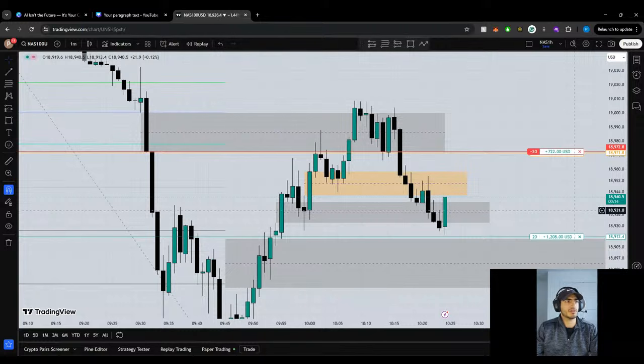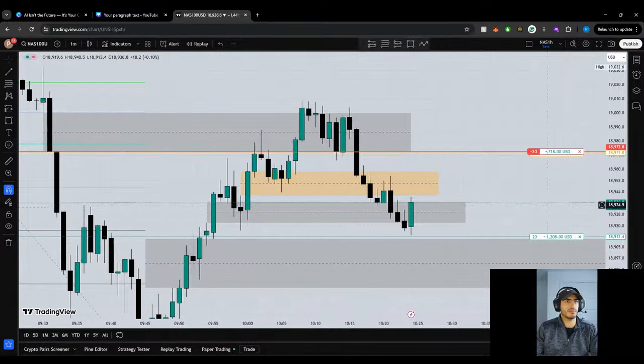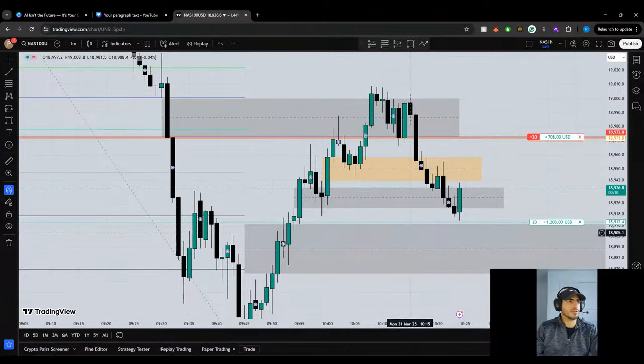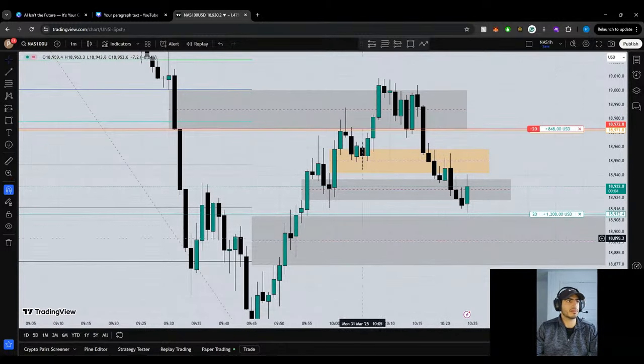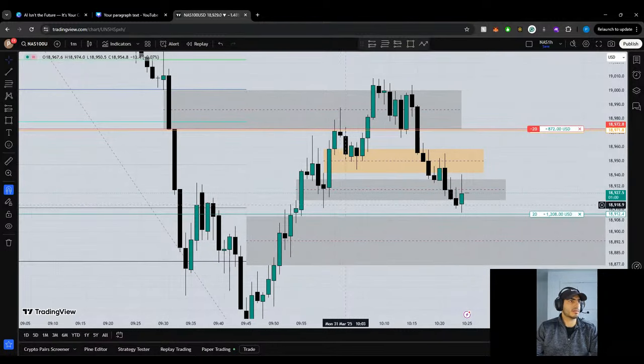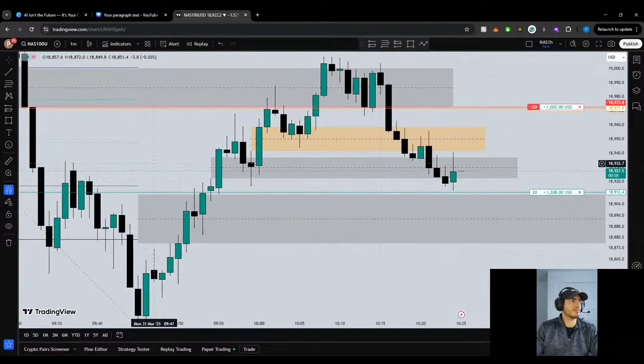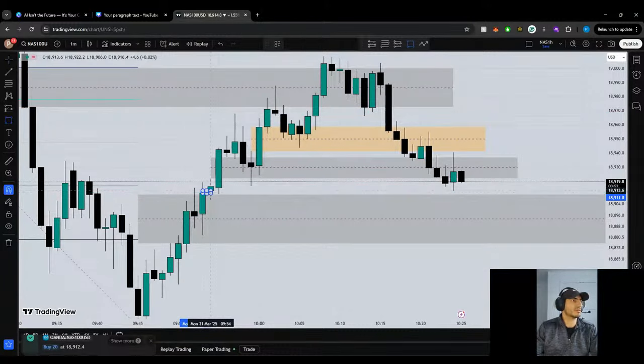But let's review also why live. The reason why it probably stopped right above it is this. If we zoom on over here, we have a little volume imbalance right from here to here.